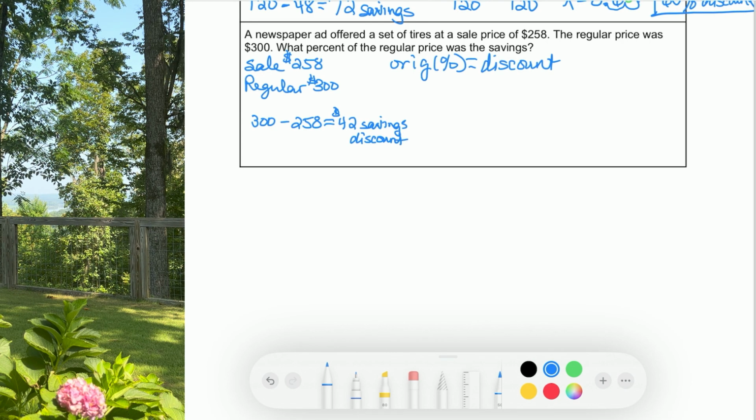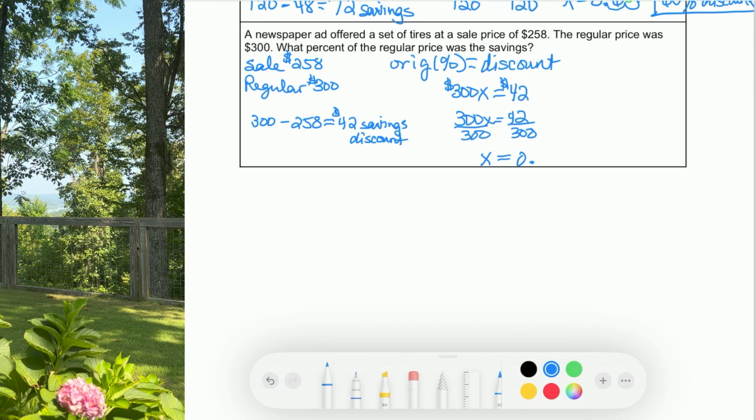Now we can actually use our formula. So the original number was 300. We don't know our percent, so I'm going to use X. The discount was $42. Rewrite it so we can see the next step. I'm going to divide both sides by 300.